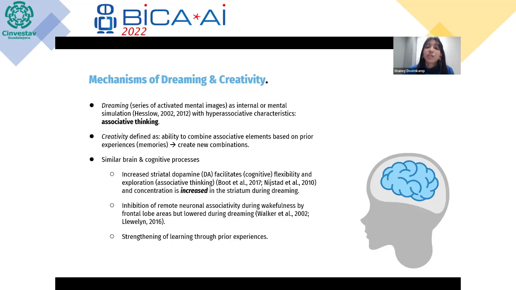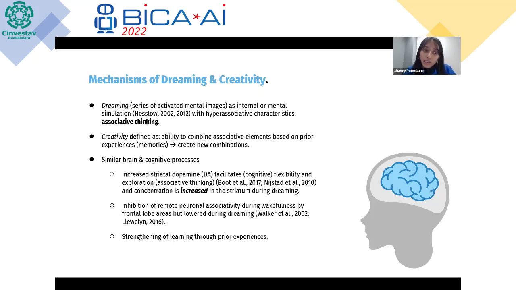This hyper-associative characteristic means that they could be connected to each other, even though it does not seem plausible, for example, relating an ape to iron. This can be seen as creative or associative thinking. Creativity is defined as the ability to combine associative elements, which means to create a new combination using previous experiences. So also a sense of associative thinking.